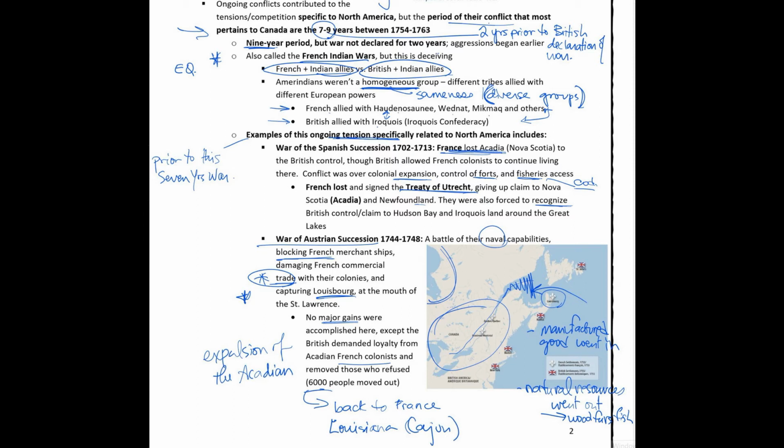So 6,000 people were removed from the homes that they had established, and they were shipped either back to France, the homeland, or to Louisiana.